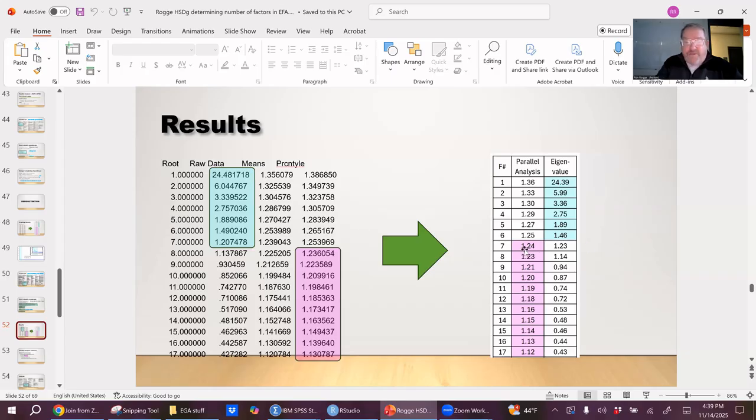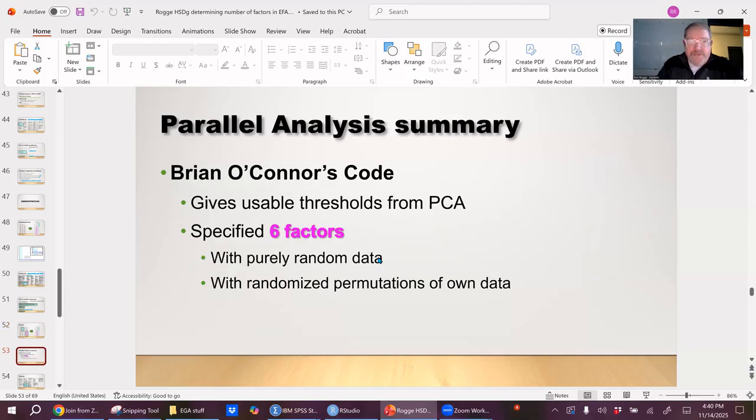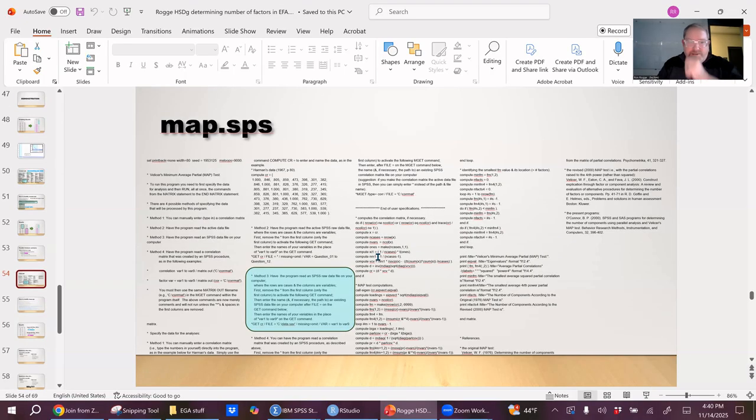And the threshold where the eigenvalues drop below the exceed this threshold is exactly the same. Does it make sense? So even that fancier brand new version of parallel analysis with randomized permutations suggested 6 factors.